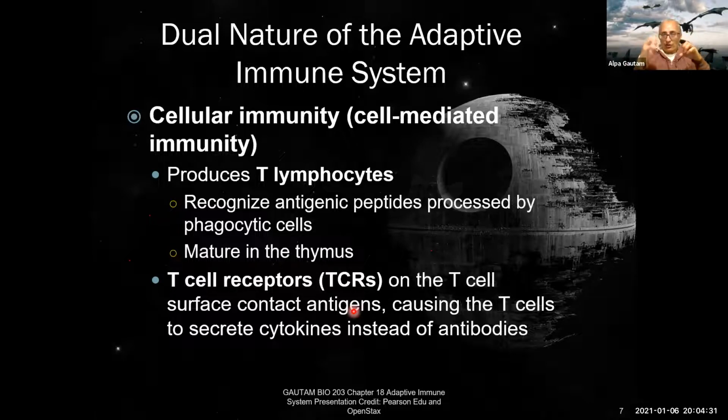So now you have an immune system cell, a B cell or phagocyte, and then a T cell, and they interact. When they interact, they co-stimulate each other by releasing cytokines, right? They release cytokines, and then the cytokine causes proliferation and differentiation of that T cell.